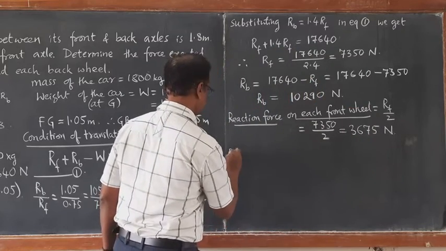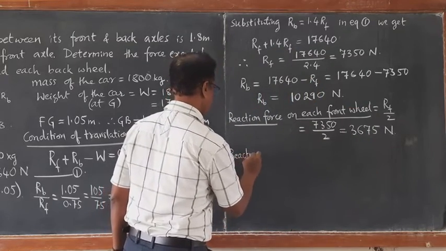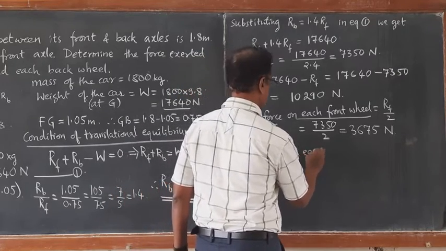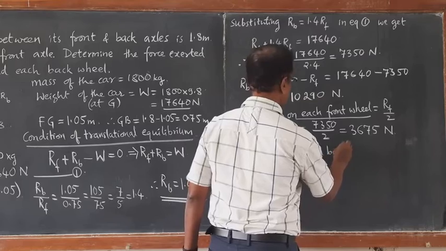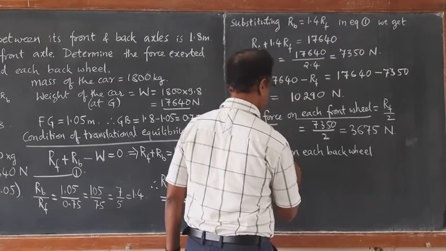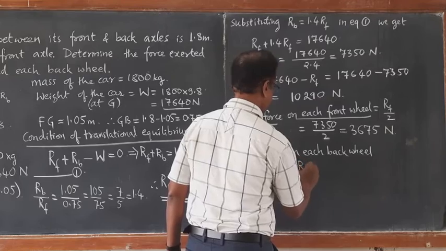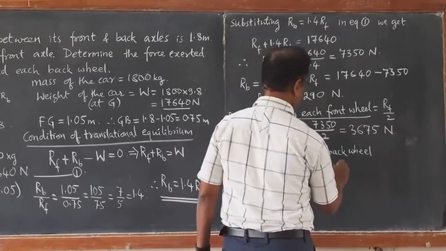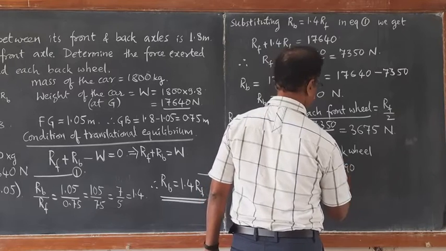Similarly, the total reaction force on each back wheel becomes RB by 2. RB we got 10,290 divided by 2.